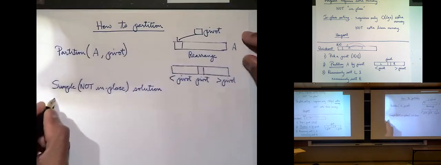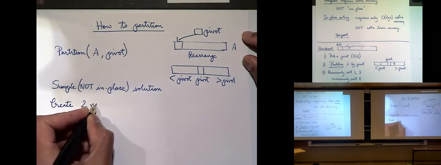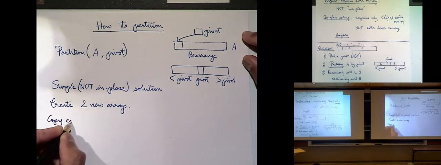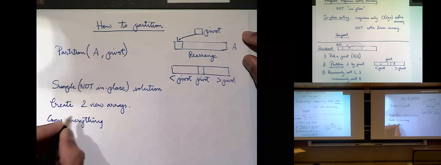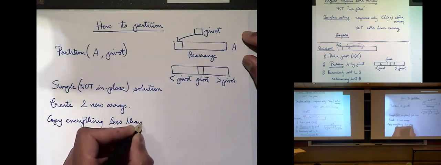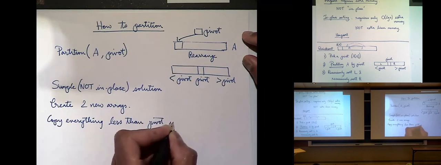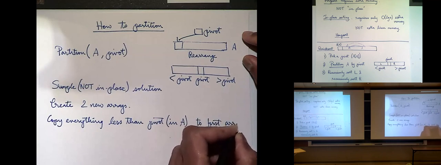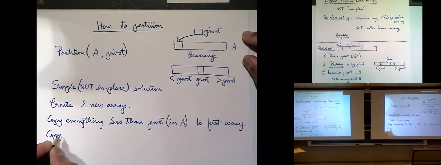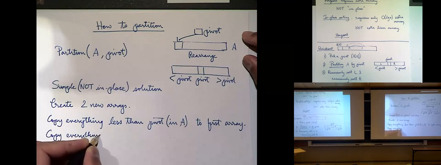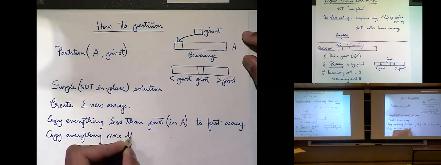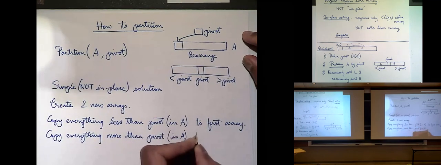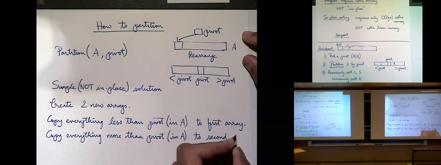The solution is: create two new arrays, copy everything less than the pivot in A to the first array, then copy everything more than the pivot to the second array.